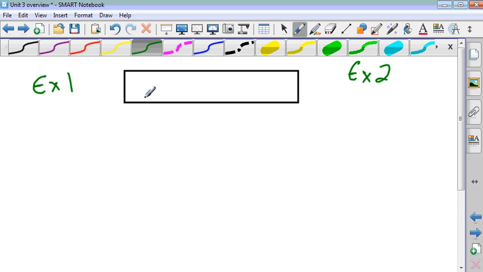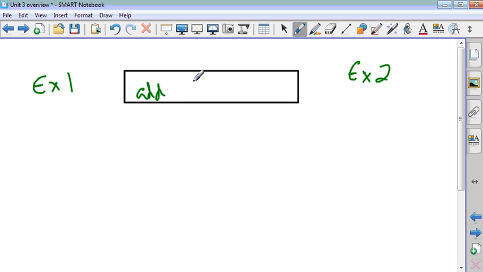So again, where you're going to write this is on the top, and in the middle, there says something about add and subtract fractions. Again, make sure you write down in between that box example 1 and example 2. So here's going to be example 1.